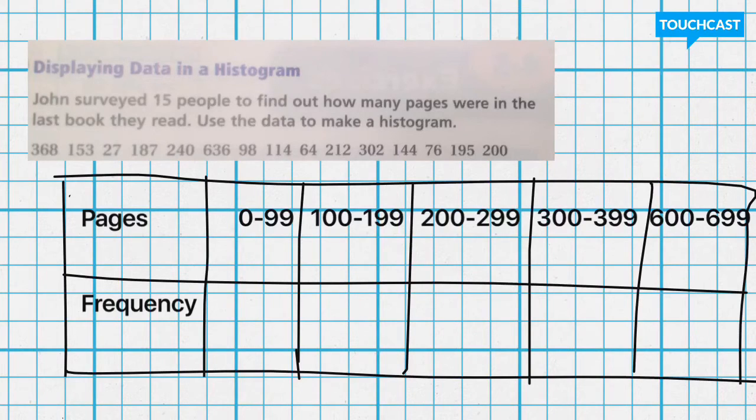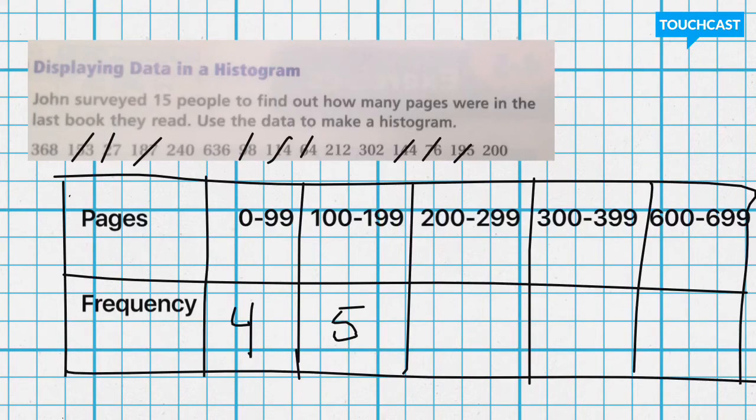So let's look at how many numbers fall between 0 to 99. We have 1, 2, 3, 4 numbers. So the frequency is 4. Now pages from 100 to 199, we've got 1, 2, 3, 4, 5. So our frequency there is 5.